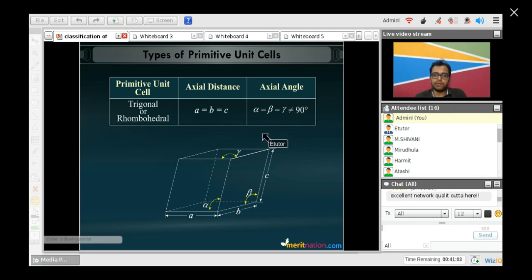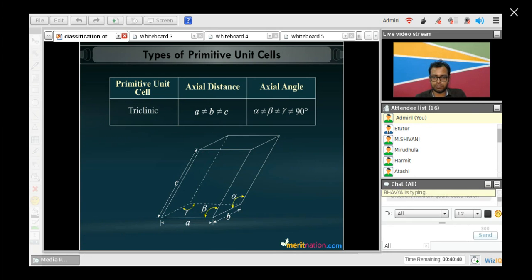So the value of alpha is equal to beta is equal to gamma, but they are not equal to 90 degree, and the sides are equal to each other here in case of rhombohedral. So this is another type of primitive unit cell.